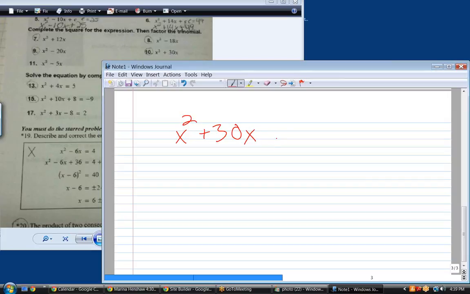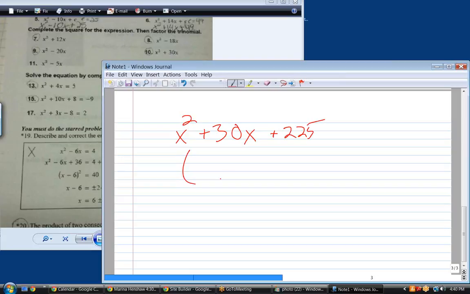But let's go ahead and finish number 10. What do I do here? Divide 30 by 2. And then? And then 15 times 15. And then square it. What you're doing is you're taking half of this coefficient and squaring it. What's 15 times 15? 225.